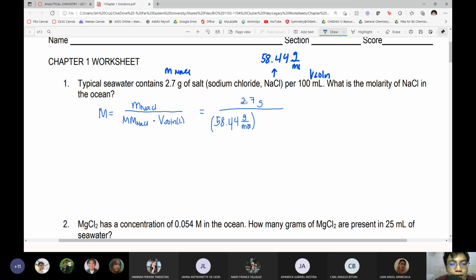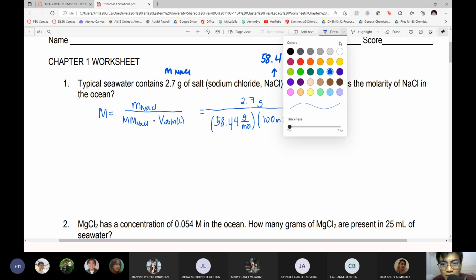Then, multiply it by the volume, 100 ml. Pero, it should be in liters. So, you have to convert it pa. Kasi pag di nyo kinonvert, mauurong yung decimal place ng answer mo. Okay? So, let's convert ml to liters. Nasa ibabaw yung liters, nasa baba yung ml.